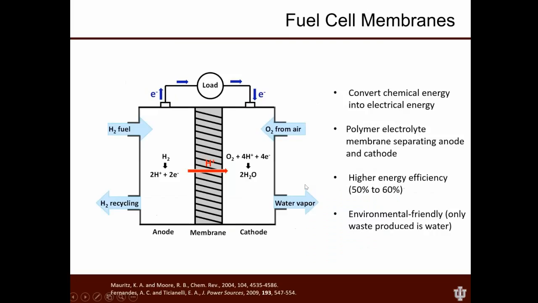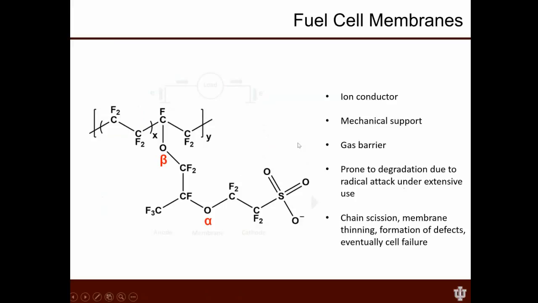So where can we apply something like this? This becomes interesting if we think about the membranes in fuel cells. In a fuel cell membrane, we're often trying to convert chemical energy into electrochemical energy, and we have, again, two halves of a cell that are separated by some electrolyte membrane. That electrolyte membrane has specific chemical transport properties, for instance, transporting protons selectively from the anode to the cathode side.